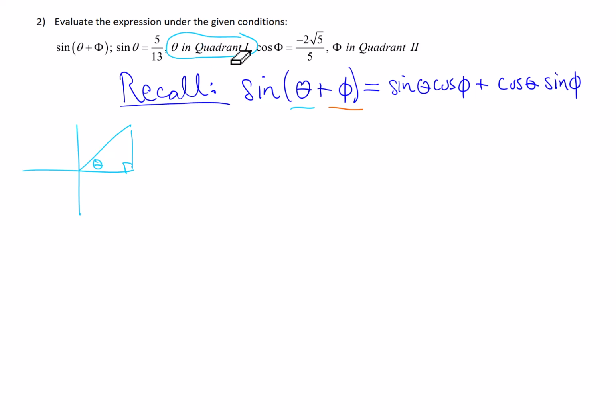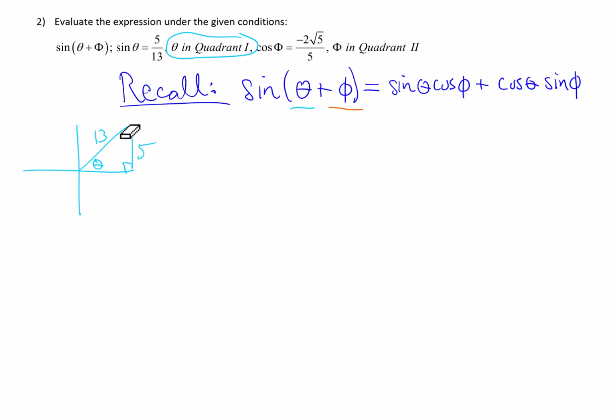Theta is in quadrant 1. So we'll draw it that way. And furthermore, we know that the sine theta is 5 over 13. Well, if sine is opposite over hypotenuse, then we can label those sides as needed. 5 for the opposite side of sine, and then 13 for the hypotenuse of that right triangle.